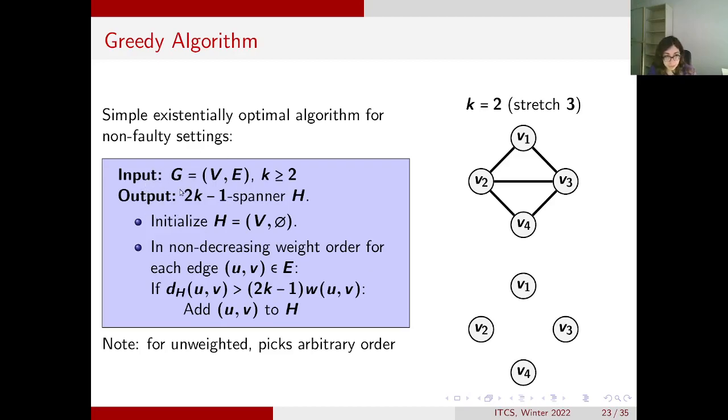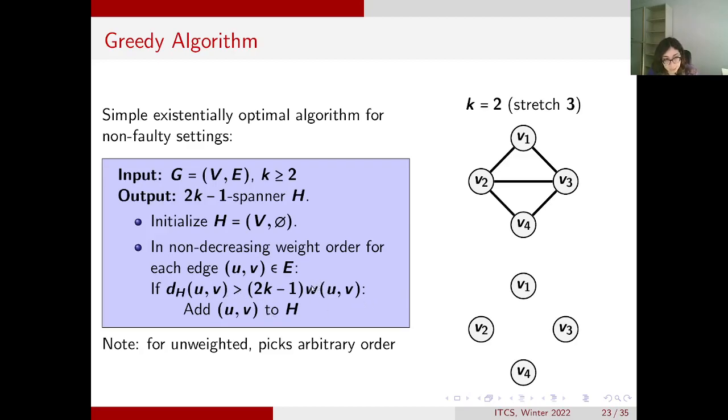We're given a graph G and a parameter k, and we start with an empty spanner H, and then in non-decreasing order of weight, we process edges, and for each edge UV, we look to see if between U and V there's already a path that has length at most 2k minus 1 times w(UV).